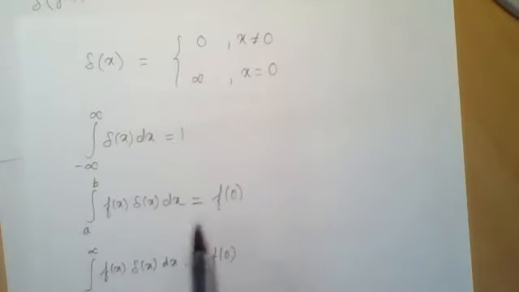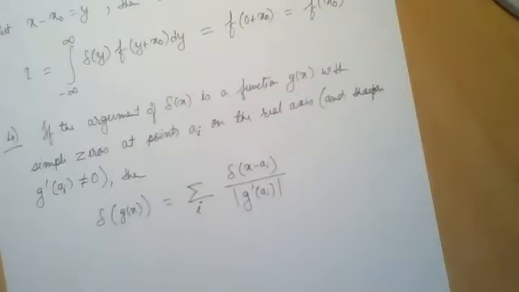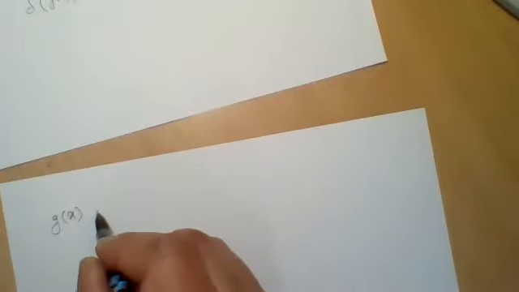And the second thing, what is the second thing? We have to express g of x as a Taylor series expansion about the point ai. So we can expand g of x in a Taylor series about the point ai. G of x can be expanded in a Taylor series about the point ai.